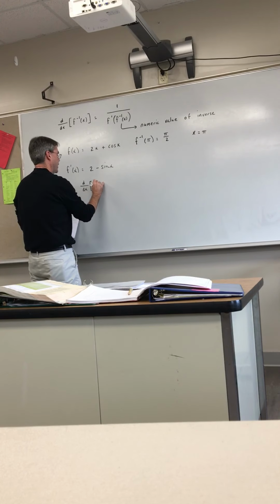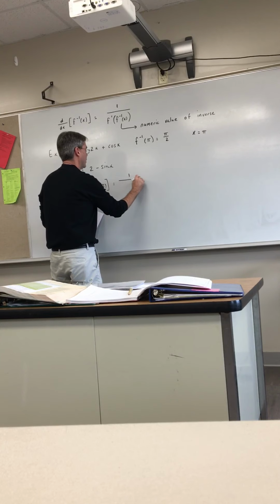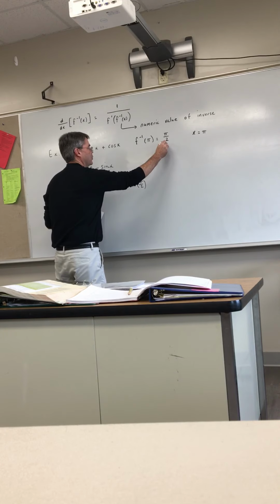So the way you would write that is the derivative of the inverse at pi is going to be 1 over 2 minus sine of pi over 2. Okay, that's where that comes from.